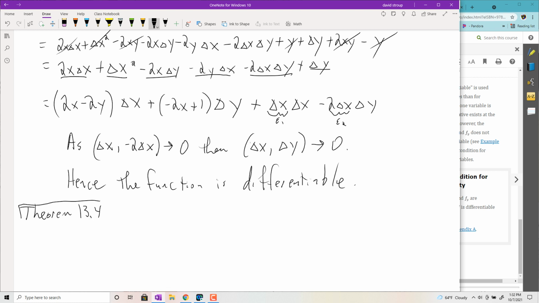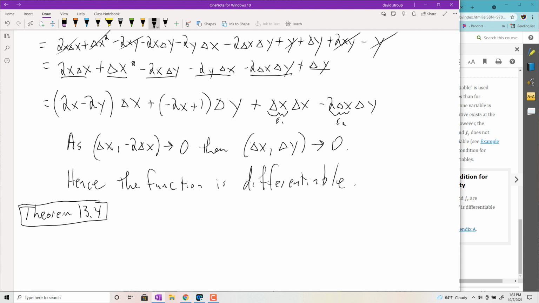which is kind of like the old theorem. If a function is differentiable, then it's continuous. If it's not continuous, then it's differentiable. Well, actually, that statement is more like 13.5. Okay, but let me just write out 13.4.